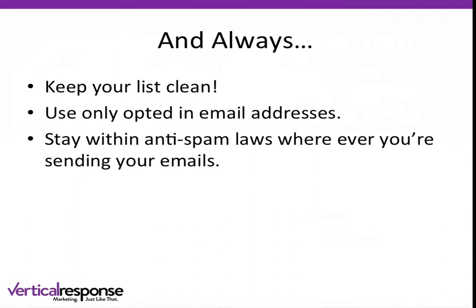But it's really important that you adhere to what the anti-spam laws say, what the ISPs need, and what your email service provider requires. So what VerticalResponse requires of you as well. And if you're following those things, whenever these other changes happen, you should not run into any issues. Your recipient should still get your email when an ISP makes changes on deliveries, as long as you have lots of engaged people on your list and they signed up to be there.